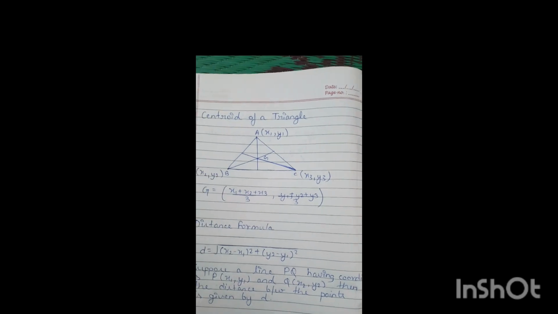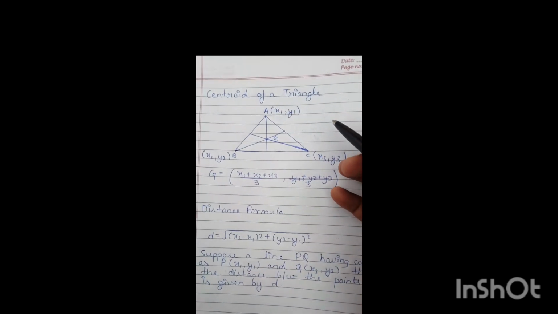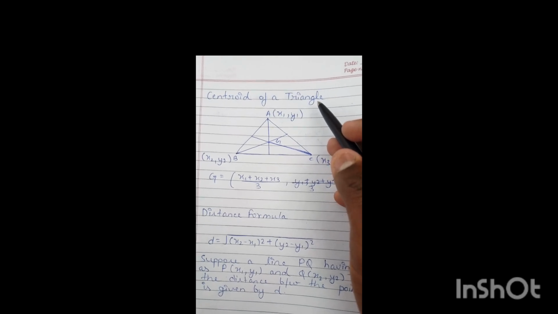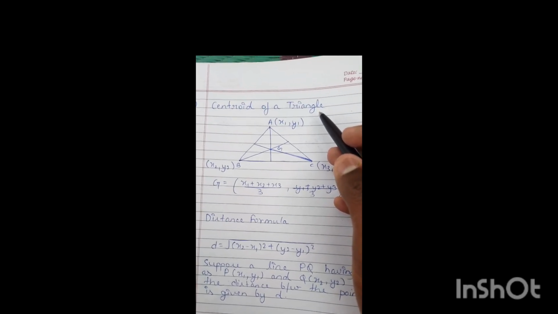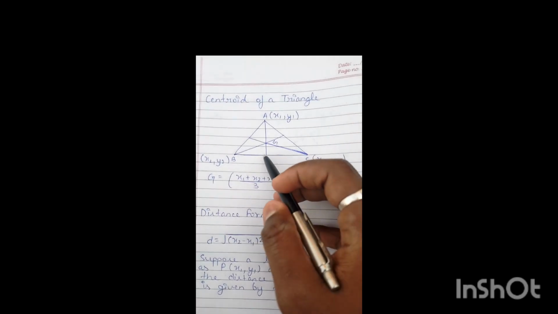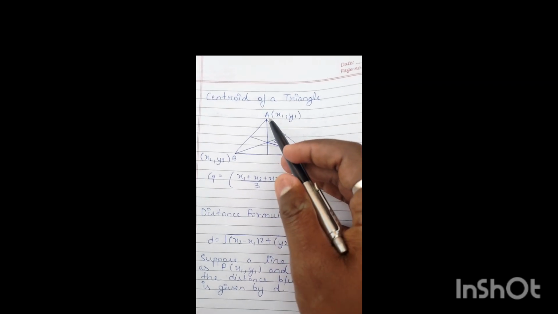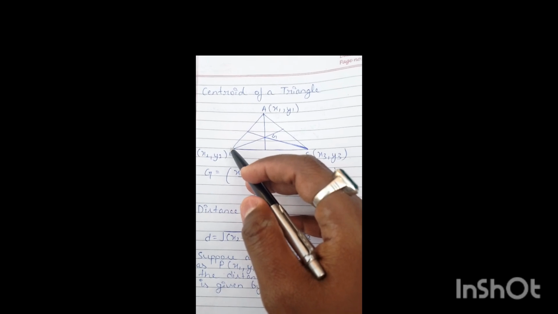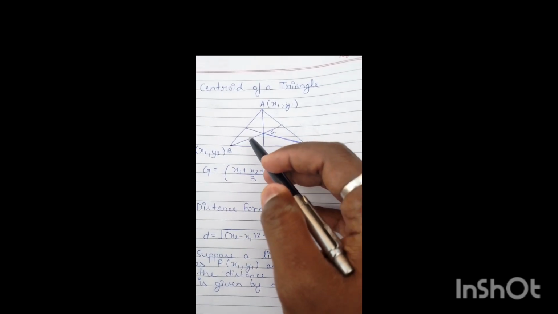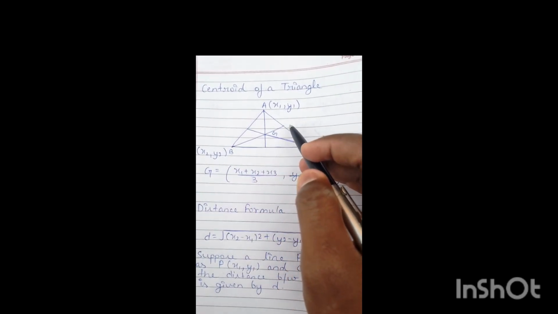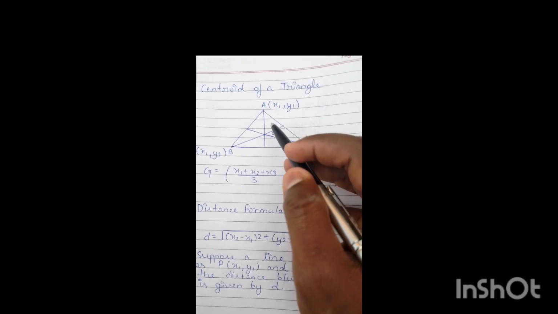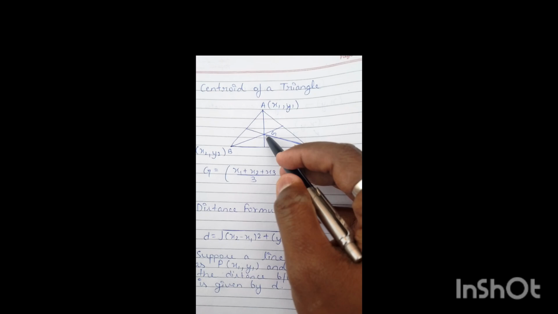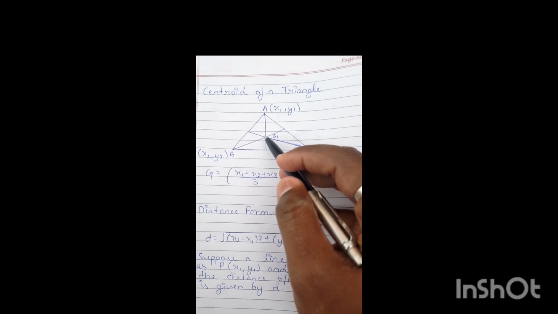Okay, so the next formula used in this chapter is the centroid of a triangle. As the name suggests, centroid means the center point of the triangle, which is represented by G. How do we find the centroid? We draw all the medians of the triangle, and the point where they meet is known as the centroid of the triangle.